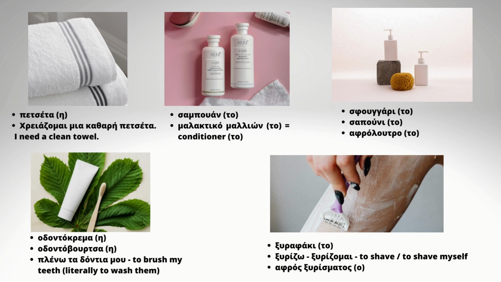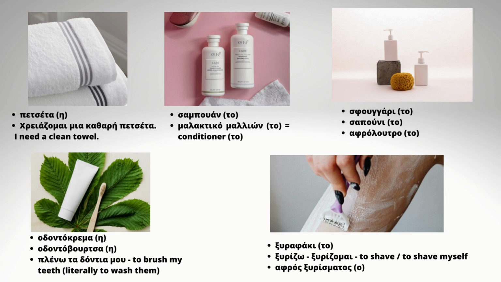Το μαλακτικό μαλλιών. It is a phrase and you will use το because μαλακτικό ends with omicron and it's a neutral gender. This is the Greek version, but you can also use the foreign word το conditioner.